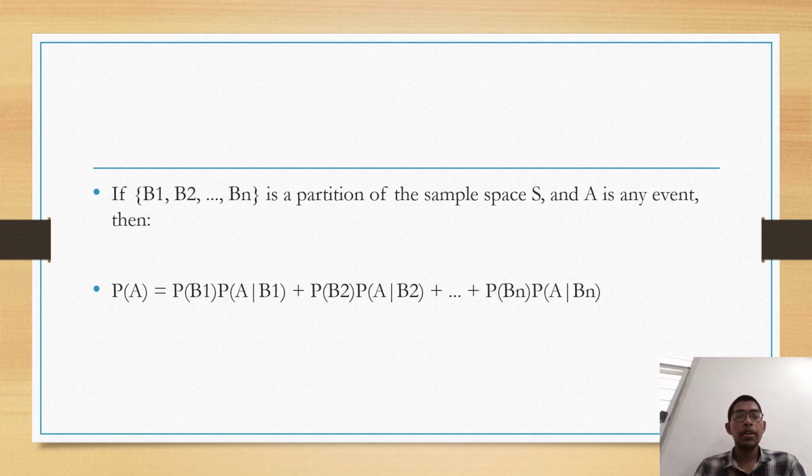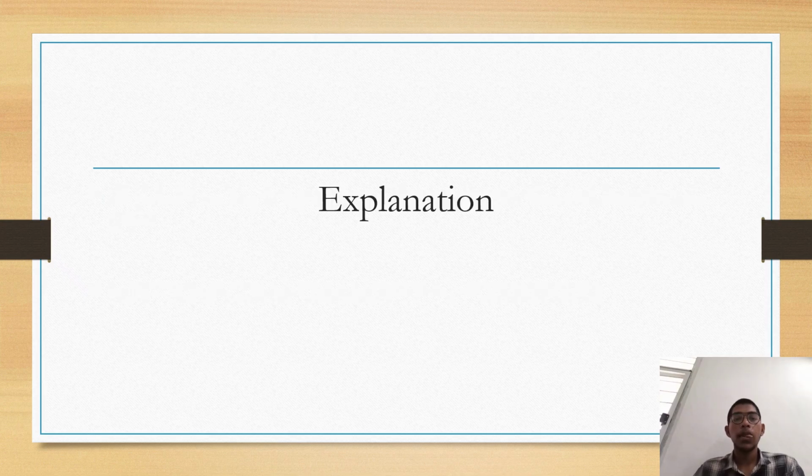If the set B1, B2, and so on, Bn is a partition of the sample space S and A is any event, then P of A equals P of B1 into P of A given B1, plus P of B2 into P of A given B2, plus and so on, plus P of Bn into P of A given Bn. I am telling about the explanation.